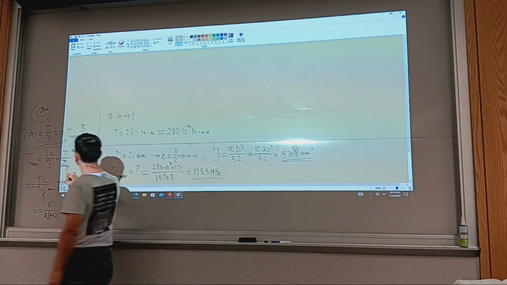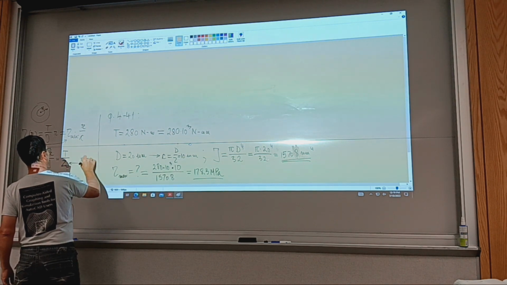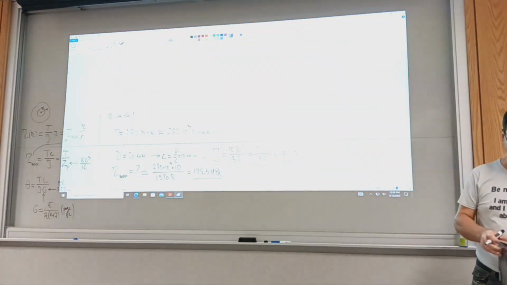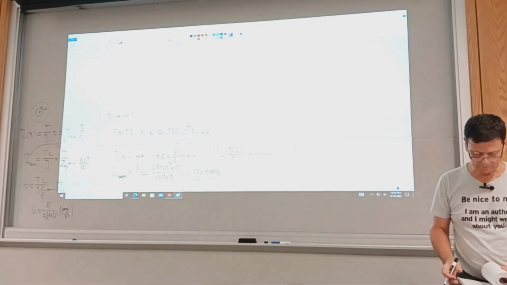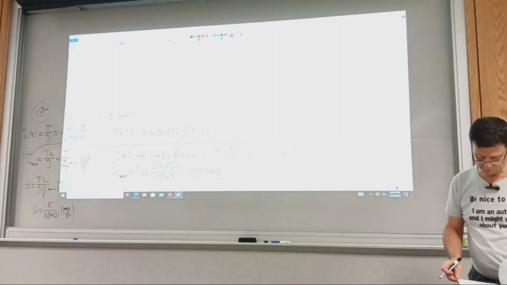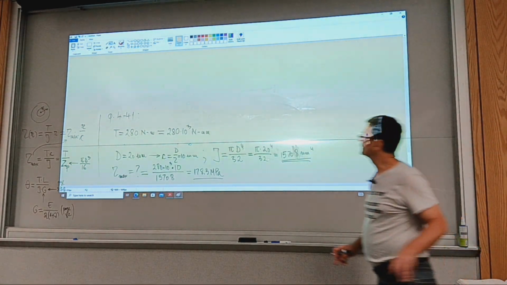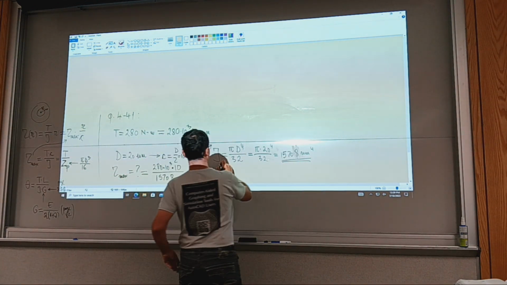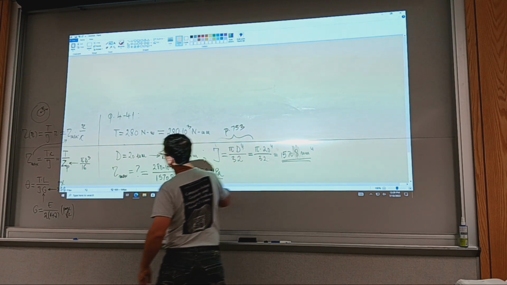So if you want to use this equation instead, you use pi times diameter to the power 3 over 16. Did you find it? Okay, so page 753, and likewise for this one.